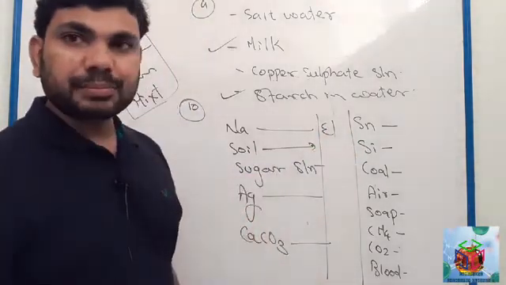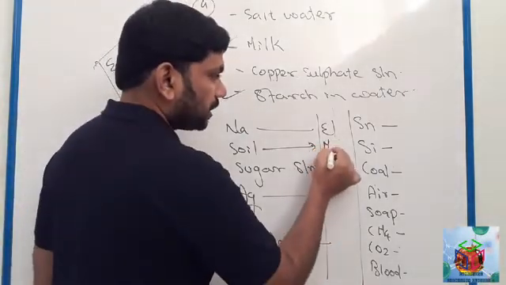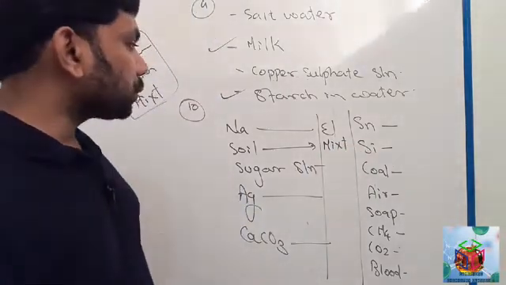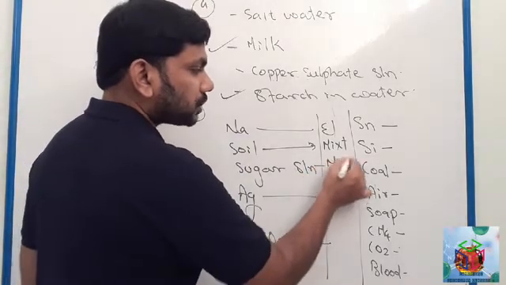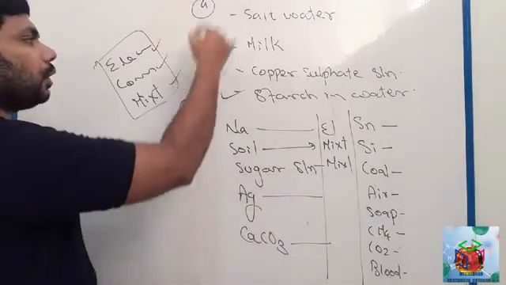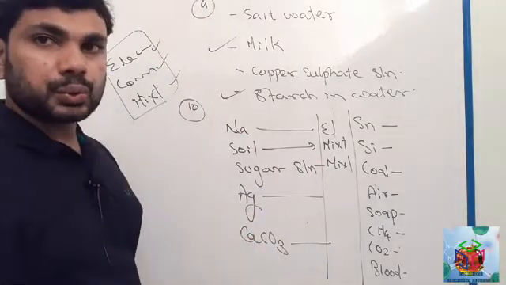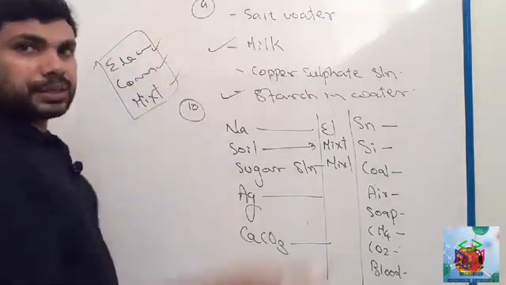Soil, what type of substance? Soil is mixture, heterogeneous mixture, we discussed before, mixture. Okay, and sugar solution also mixture. We have to say whether it is element, compound or mixture. No need to say solution or homogeneous solution, you have to say element, compound or mixture only.